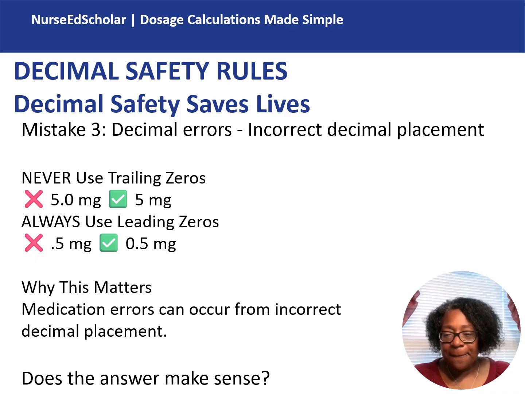I want you to see why that's so important, because you need to ask yourself, does the answer make sense, right? Because medication errors can kill your patient. And so before I move on, I want to say, as you begin nursing, there are going to be common medications that you're going to see, and you're going to see the dosage. So you're going to say to yourself, okay, well, I usually see 250 milligrams of this medication, right? And that's usually 4 tablets.